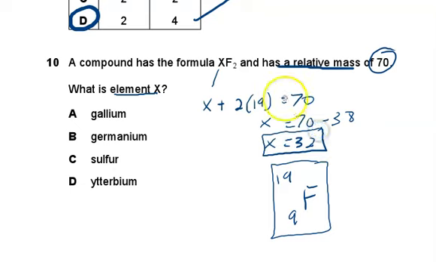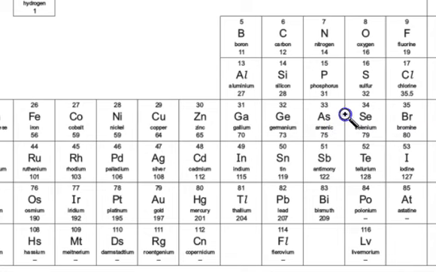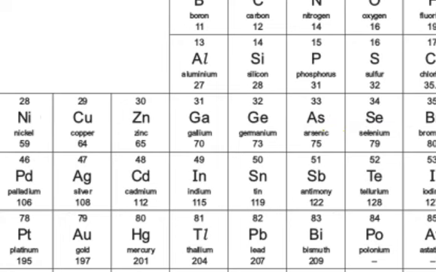So now we have to find which element has a relative mass of 32. Now let us look at the periodic table. Let us zoom. You can see this is the proton number and this is the relative mass number.